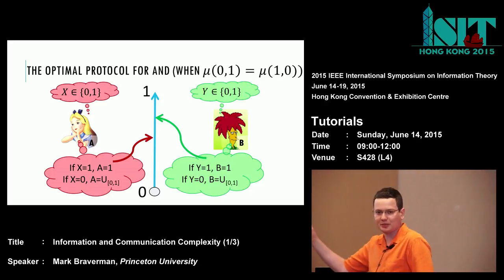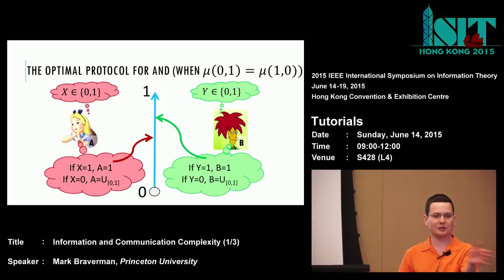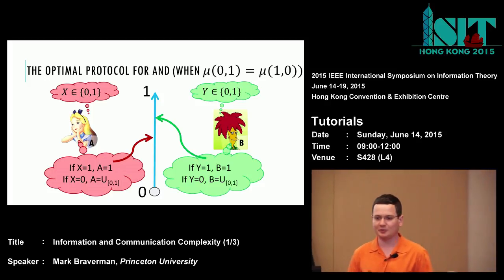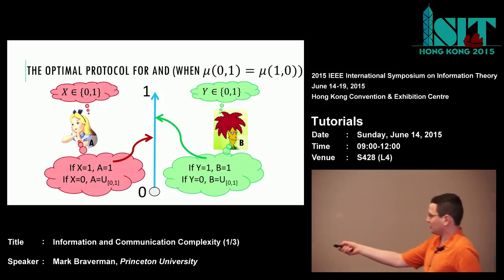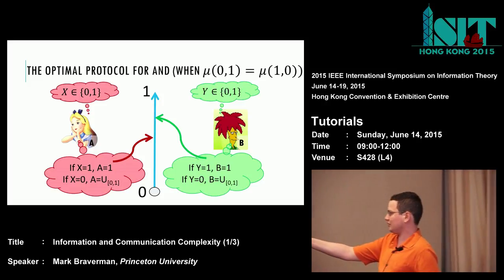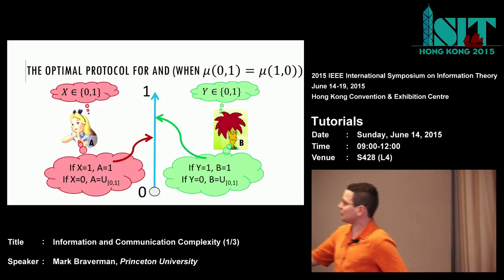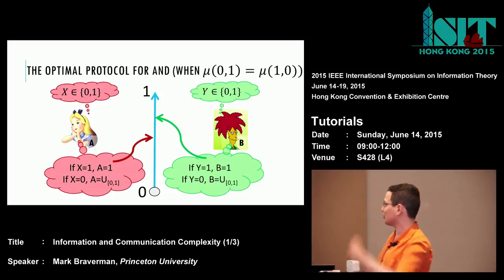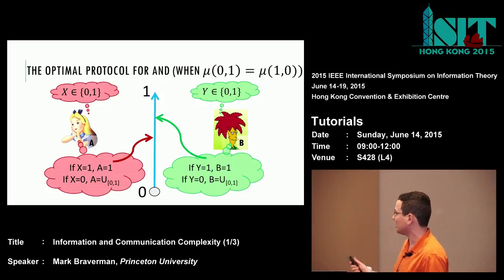A is just some number between 0 and 1. If x is 0, she picks a uniformly random number between 0 and 1. And Bob does the same. So they both now have a number. Alice has a number A and Bob has a number B. And now there is a public clock that goes from 0 to 1. There is an interval 0, 1.